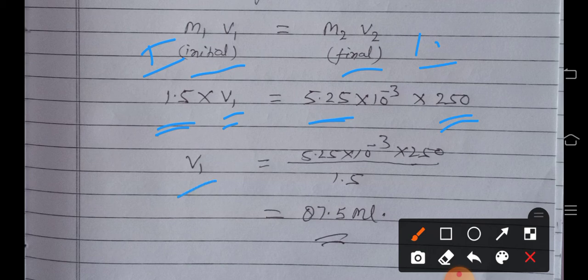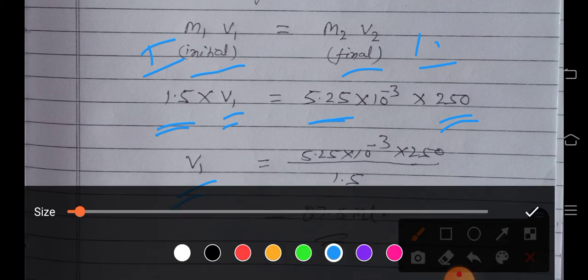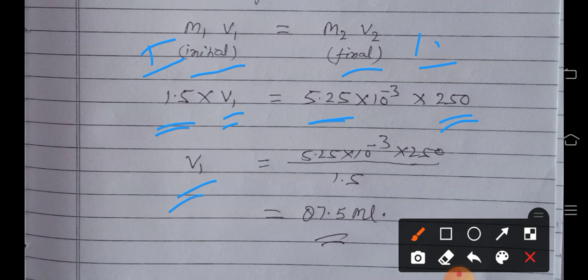From here V1 equals 5.25 into 10 power minus 3 into 250 divided by M1, 0.015. We got the answer 87.5 milliliter. That is the volume of the 0.015 M solution equal to 87.5 milliliter.